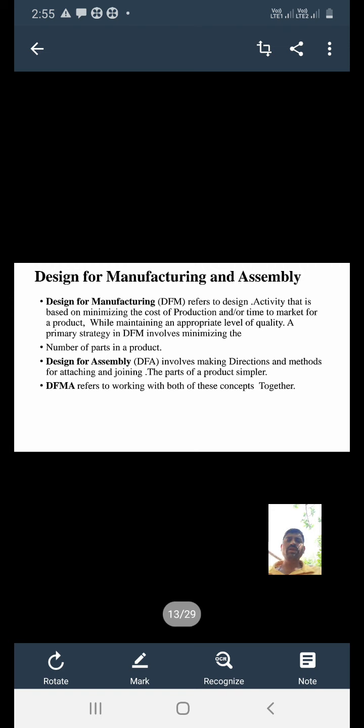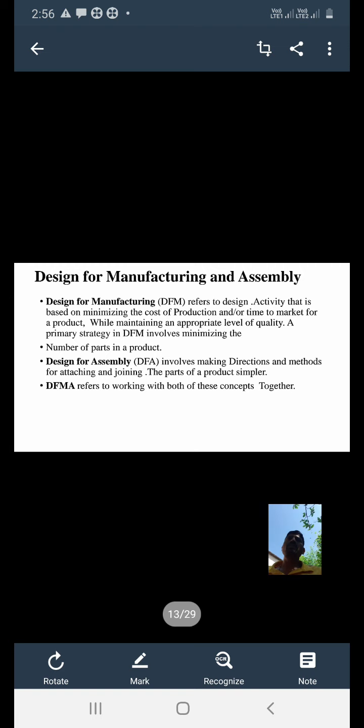Design for assembly involves making directions and methods for attaching and joining.